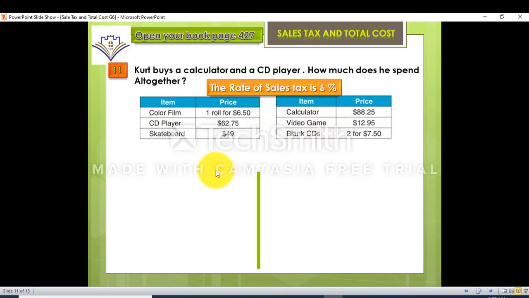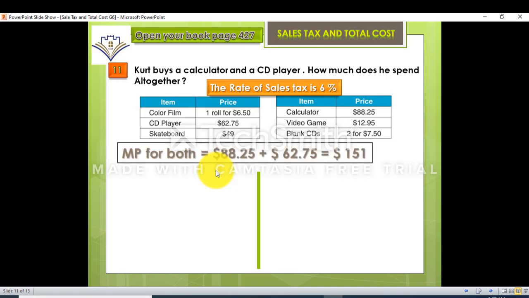By the way, we can calculate it by adding the market price for both. 88.25 is the calculator, and the market price of the CD player is $62.75. Both of them equal $151.